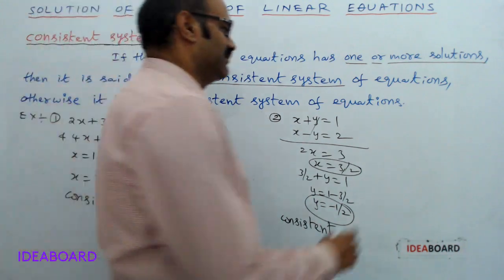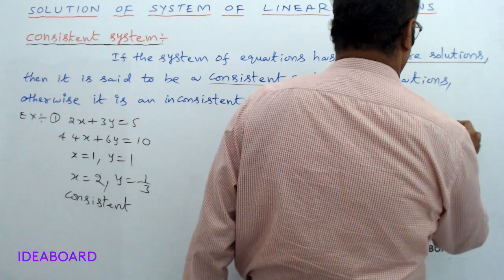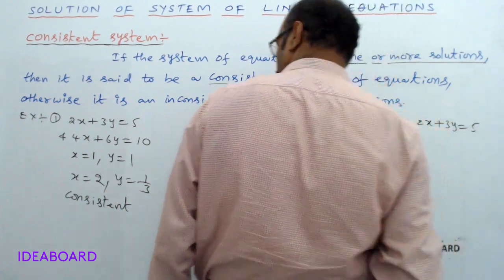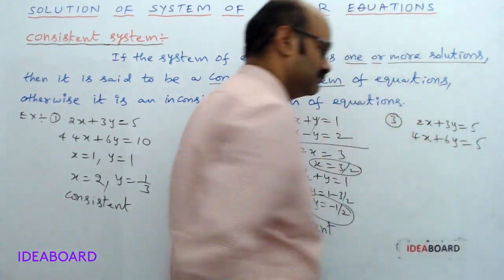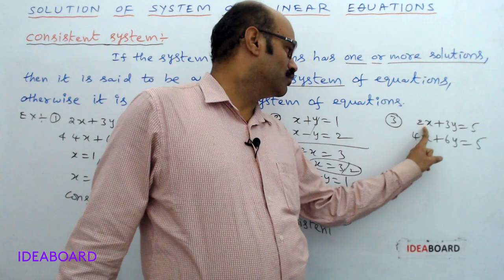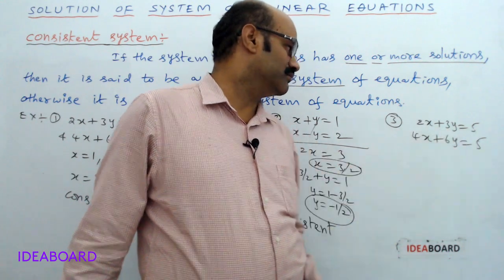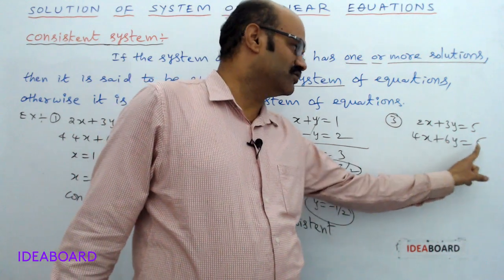Next, one more example. 2x plus 3y equal to 5, 4x plus 6y equal to 5. Take x equal to 1, y equal to 1. 2 plus 3 equal to 5. With x equal to 1, y equal to 1, 4 plus 6 equal to 10.